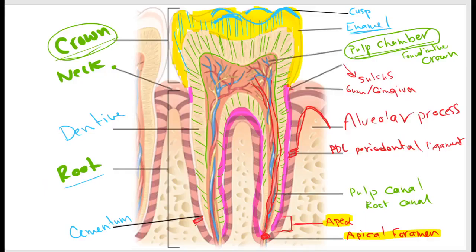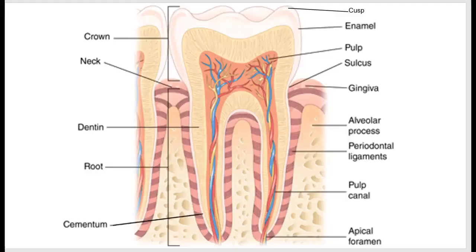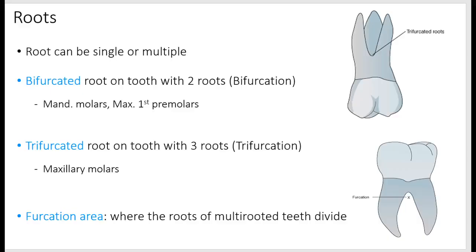All of it is called the alveolar bone. And the socket is called the alveolus. So this socket, the actual part that holds the tooth, is called the alveolus. That's the tooth socket. This is for you so you can see all of these written down.